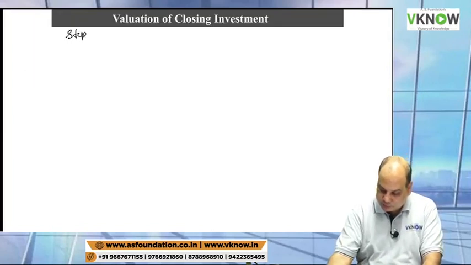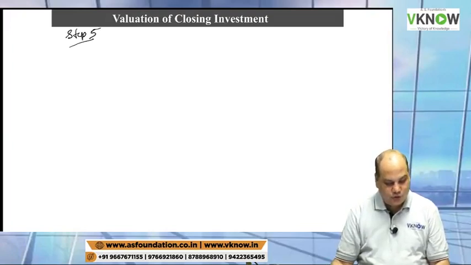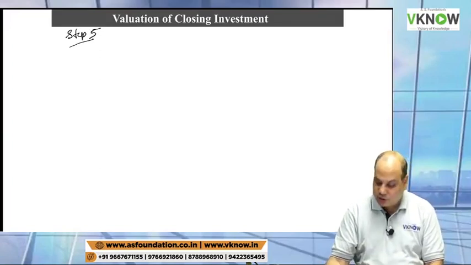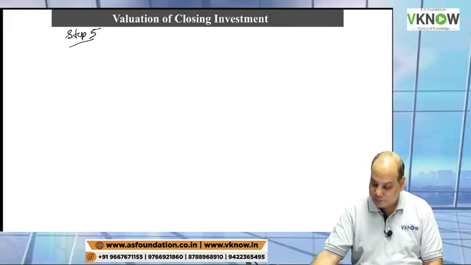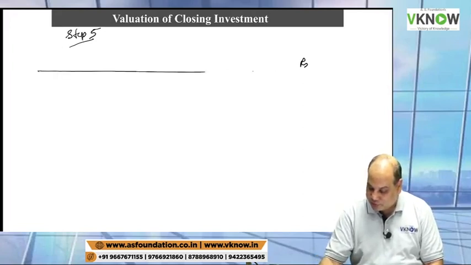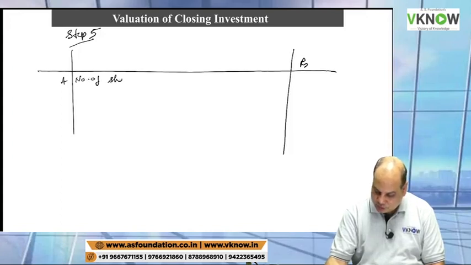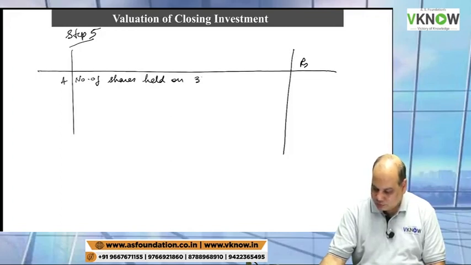So write down one last working note. Step number 5. Value of closing investment. Right hand side rupees. First write down A. Number of shares held on 31st March 2013.